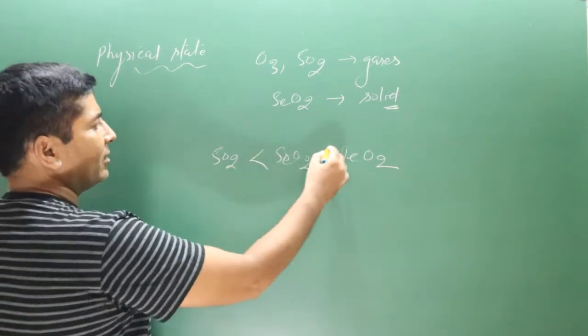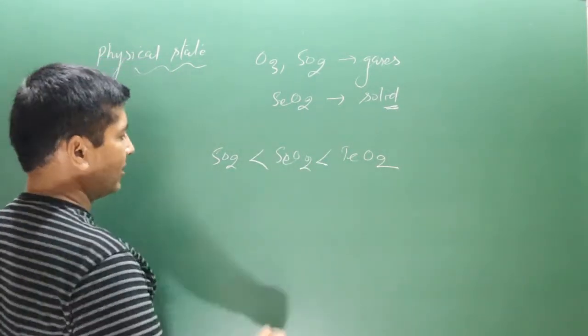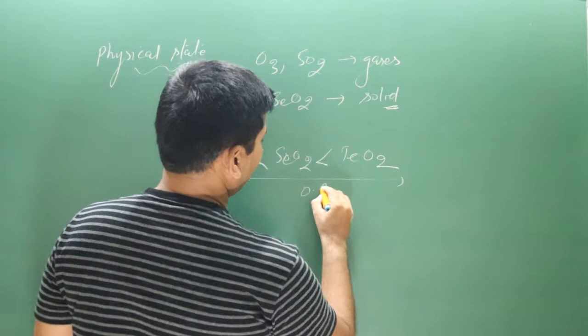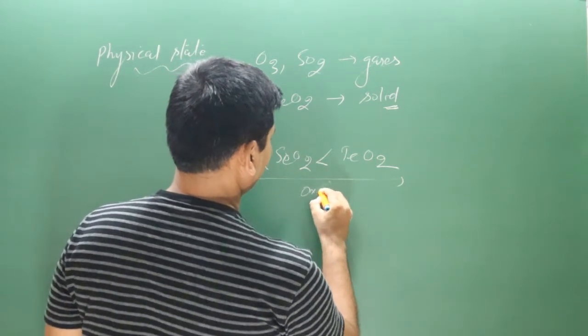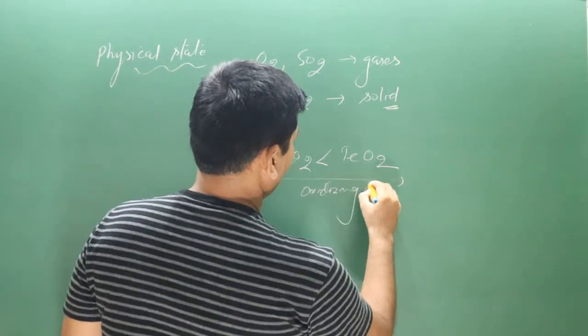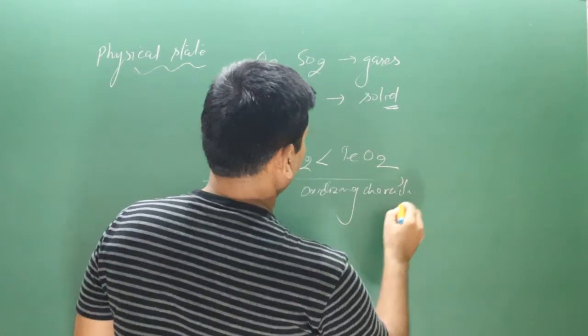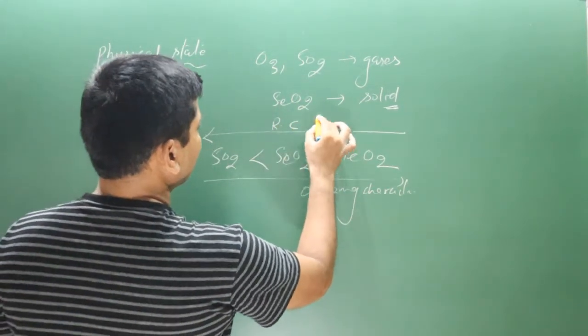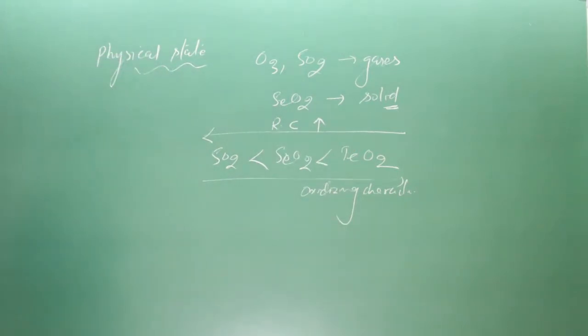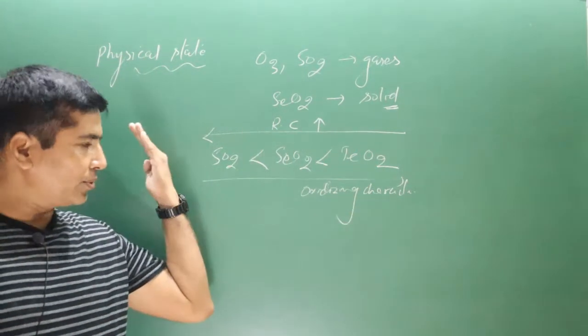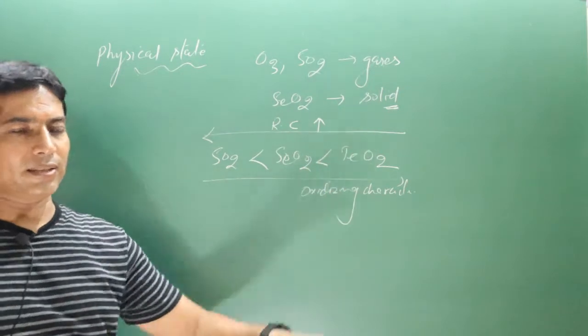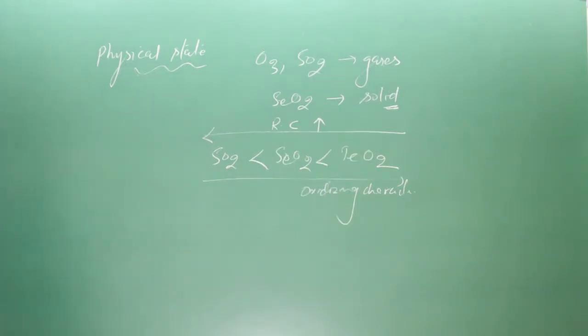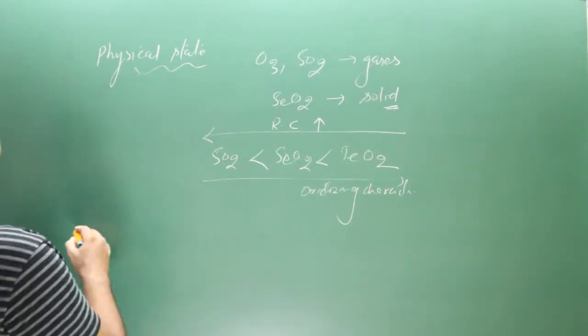So that is why oxidizing character increases down the group, and from right to left reducing character increases.